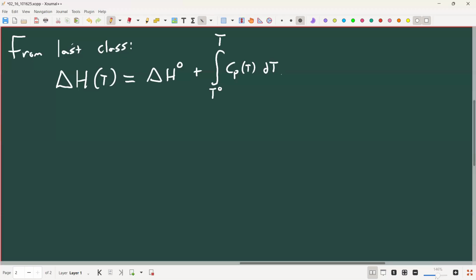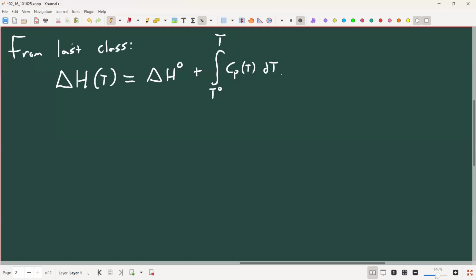This is something that comes up and is a point of confusion. Some of you might think this is a really dumb comment, but when I write things like this, you should think of it like f of x. Some people think of this as delta H times T. I've seen that in my homework before.